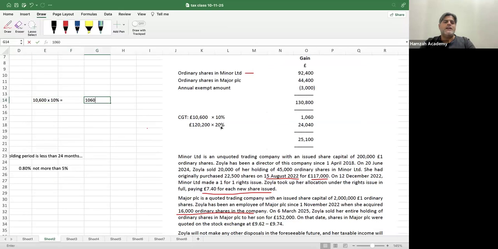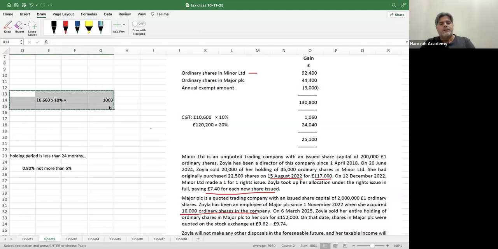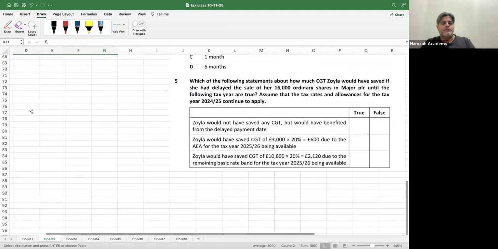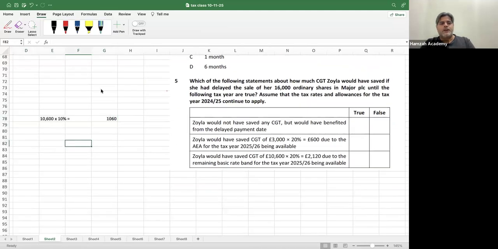So this 1,060 would have been saved in the basic rate band. This is the tax saving I can bring down, because this is something I would have paid. So saying that Zoila would not have saved any tax is false over here.